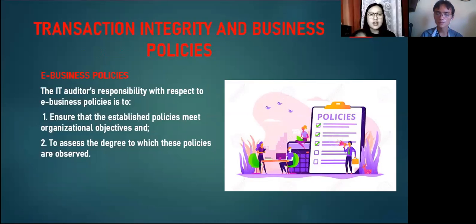That is why business policies serve as an important tool to ensure that the business operates at its maximum efficiency and operates smoothly.